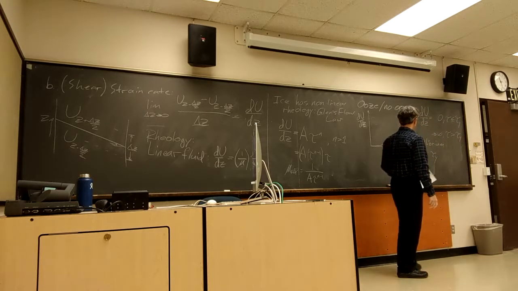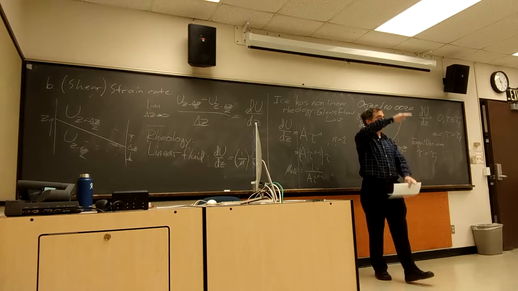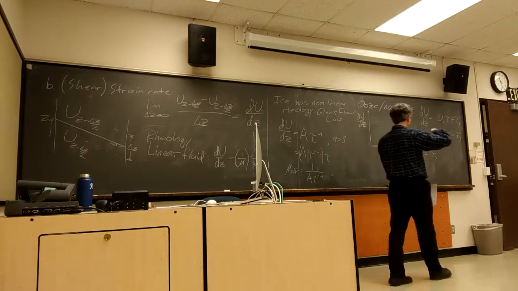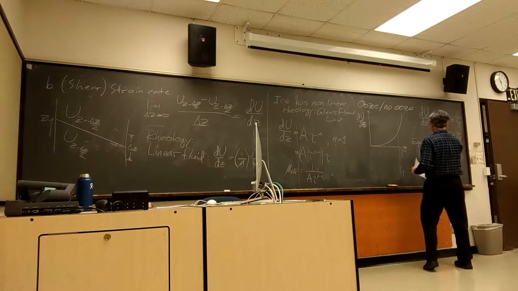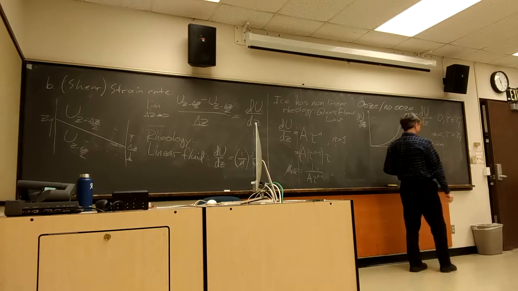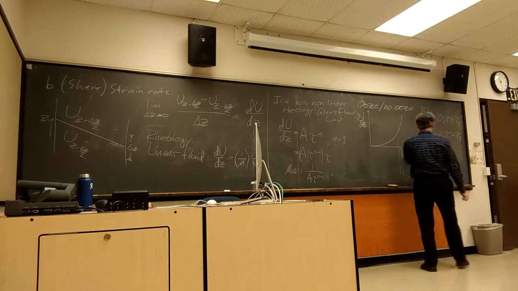I just erased it, but tau. Now let's think about the shear stress at the base of the glacier. Given the entire thickness of the ice, this is density times the total ice thickness, and gravity and sine theta, and yield strength.